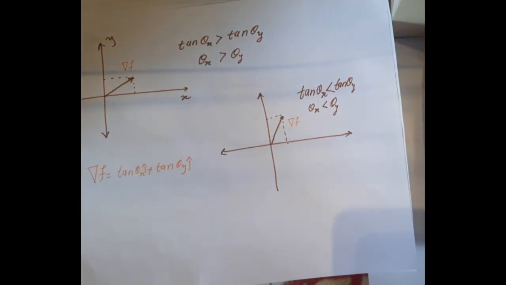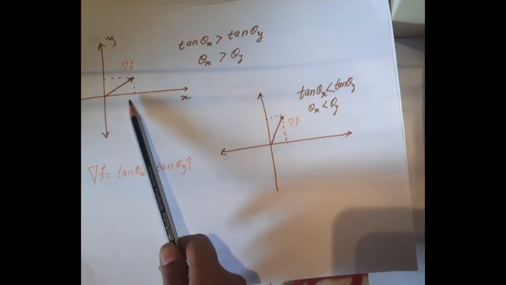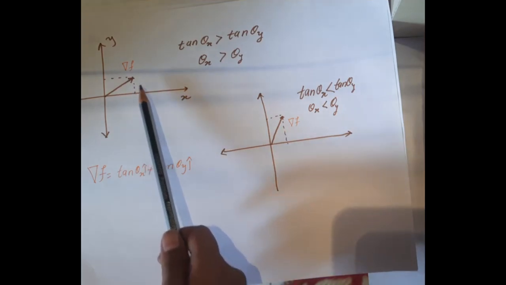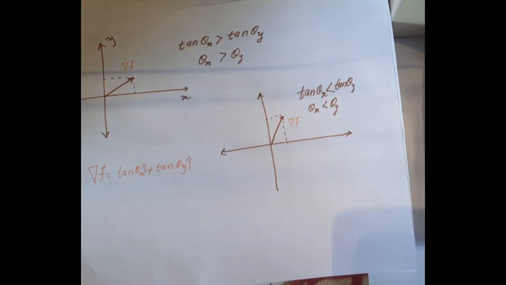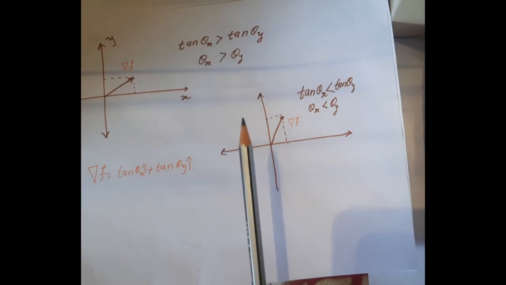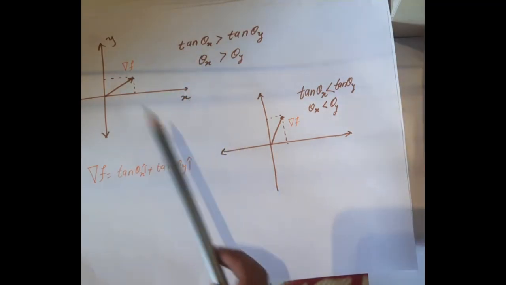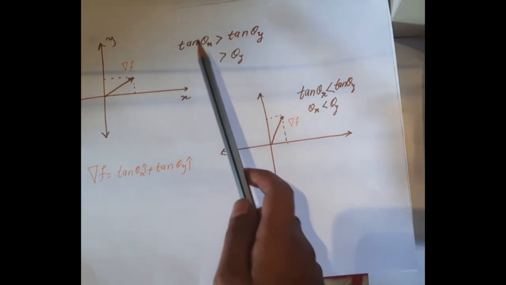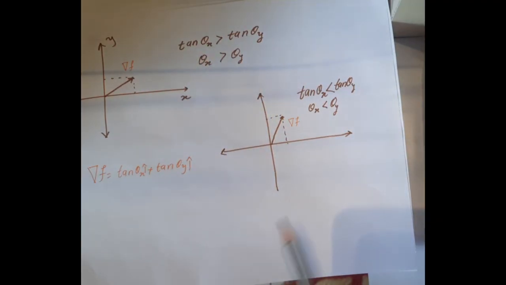Applying that to our previously found equation, we know that the gradient would be more towards the x-axis when the partial derivative in the x direction is larger, and vice versa.